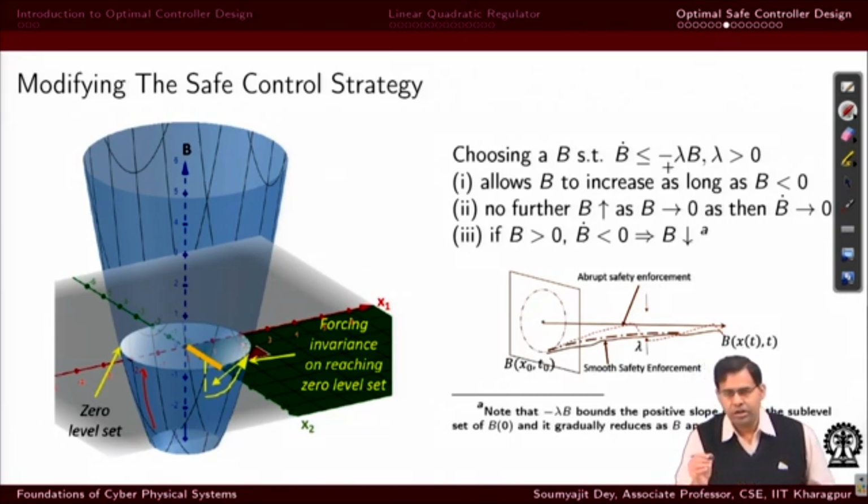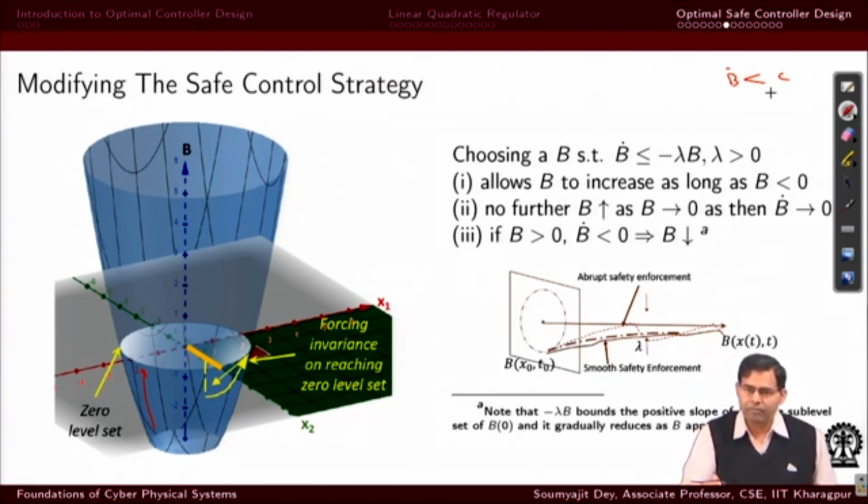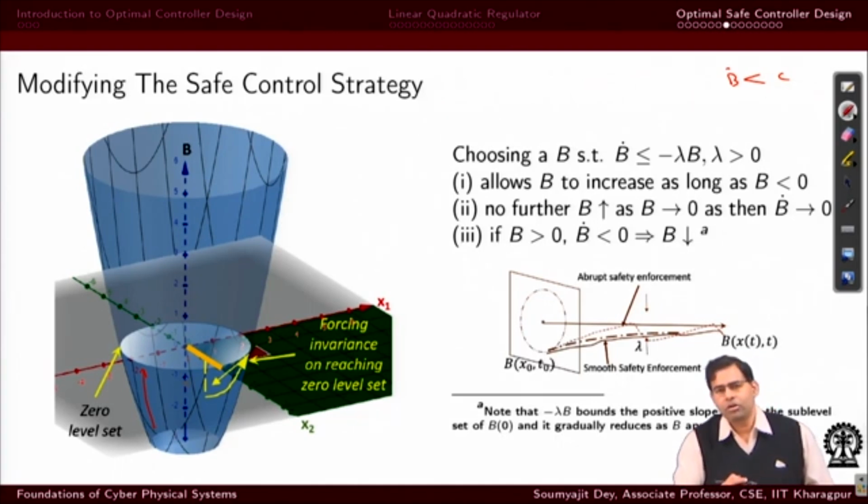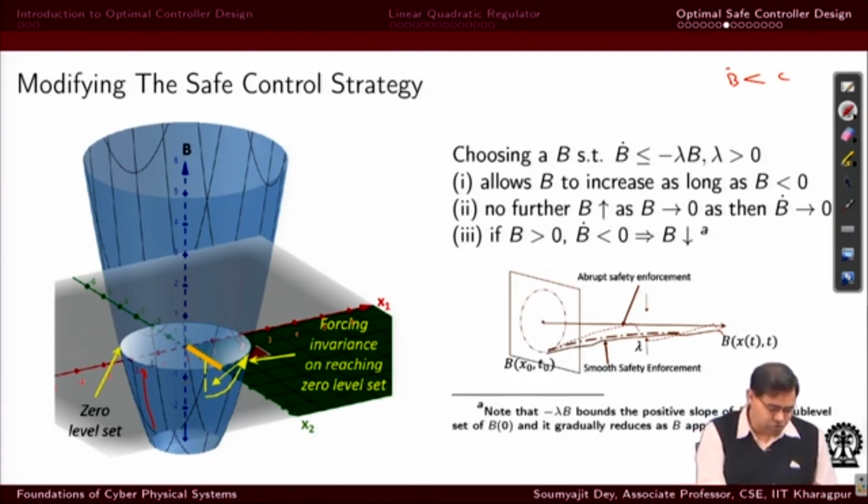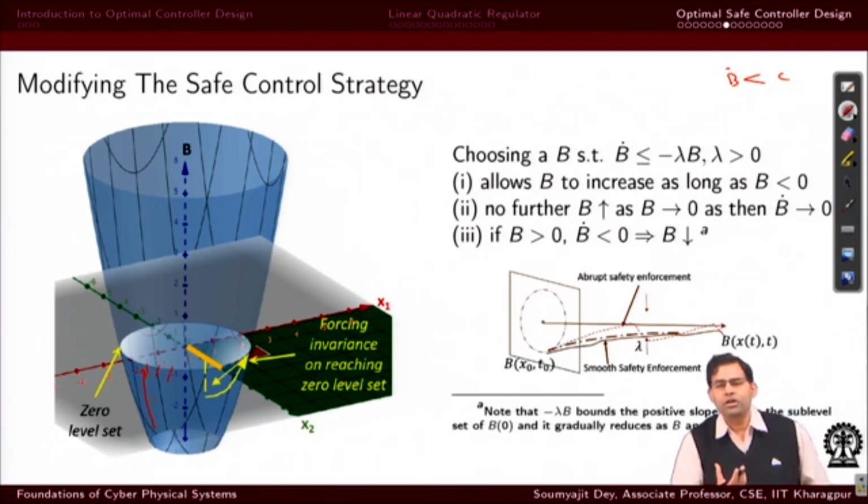As long as b dot is less than some positive value c, it can be positive up to c, but also it can be negative. So, it can decrease, but only this is the invariant set. That means I do not need b to always decrease. It can sometimes increase, but the only thing I need is that it should not increase beyond the 0 level set. That is what I want.